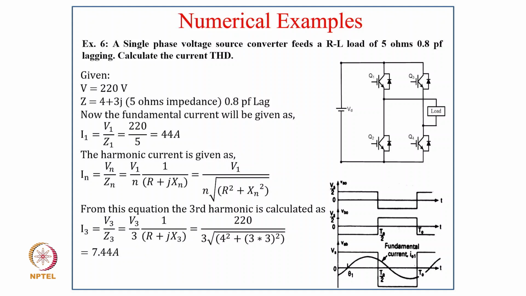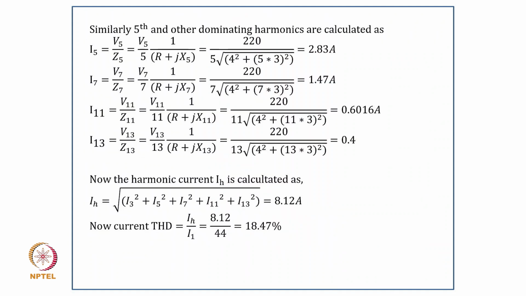And from this equation, the third harmonic is calculated, I3 equal to V3 upon Z3, that is V3 by 3 times 1 upon R plus jX3, and that is 220 upon 3 under root 4 square plus 3 into 3 square, and that is equal to 7.44 ampere. And now similarly, the fifth and other dominant harmonics are calculated.